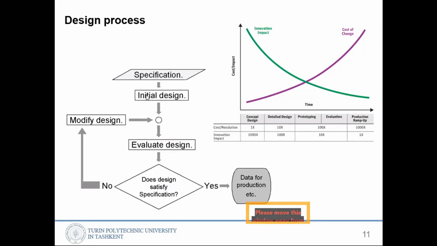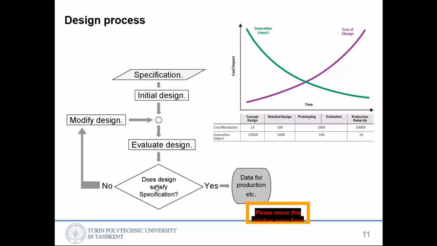Then comes your evaluation process. Evaluation means you're checking, is it okay or not? Check against the given specification. Is it not expensive, as shown before? Is it cheaper than $5,000, or more expensive than $5,000?